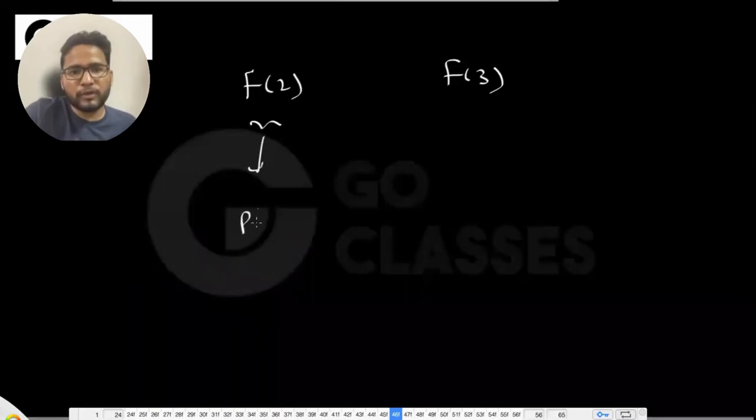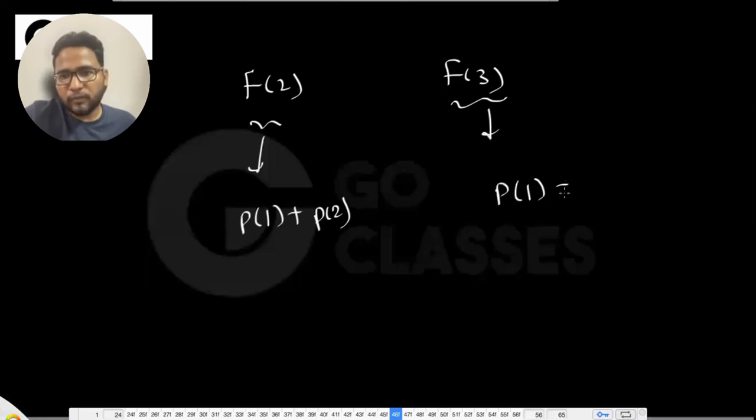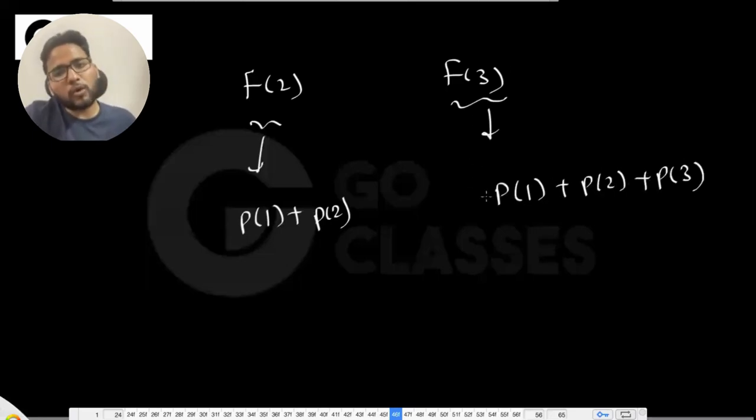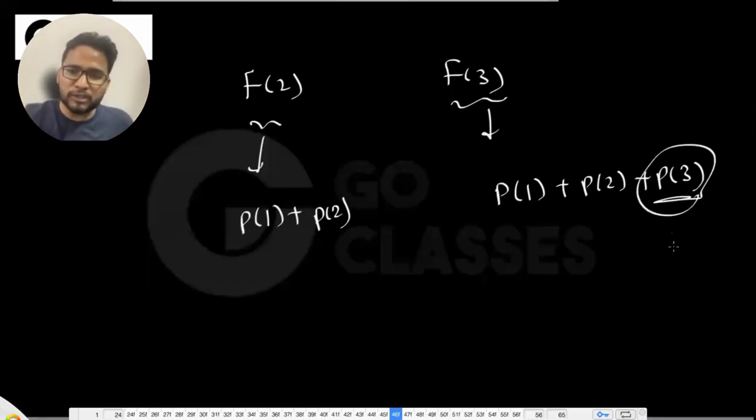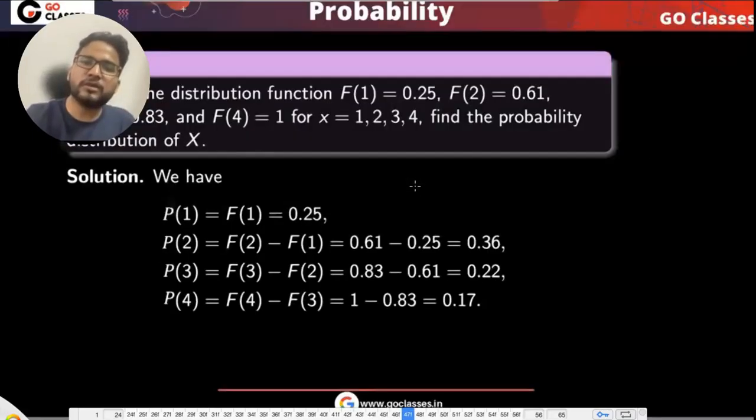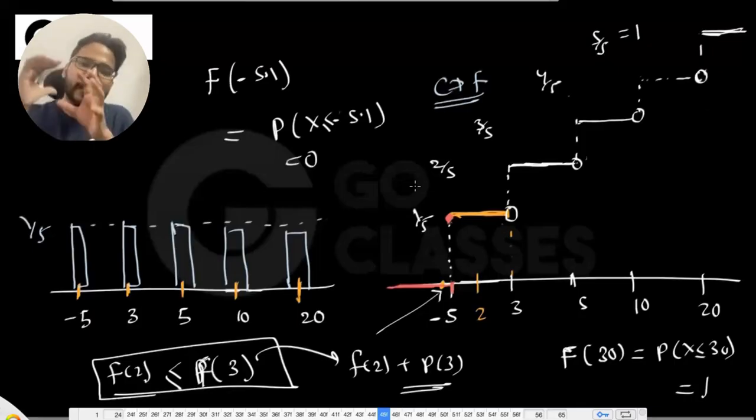F of 2 is P of 1 plus P of 2, and F of 3 is P of 1 plus P of 2 plus P of 3. So F of 3 already contains F of 2, plus some jump, which is P of 3. Since this is greater than or equal to 0, F of 2 is less than or equal to F of 3. So it is always an increasing function because you're adding.